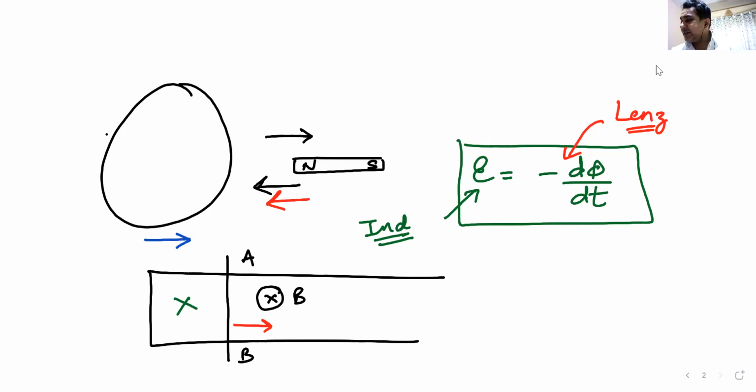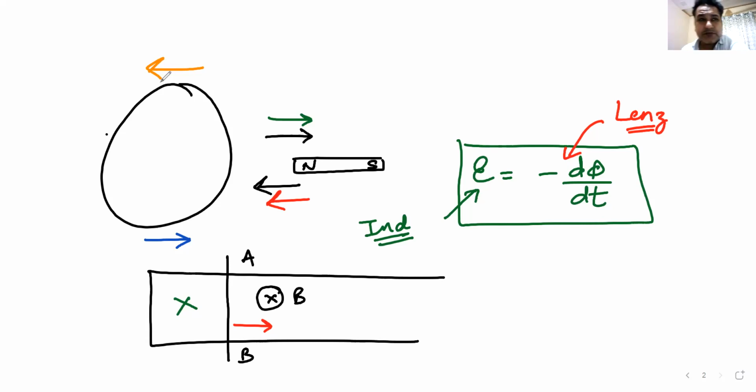Similarly, when this magnet is going away, the green one, the flux is changing. The direction of induced EMF will be such that it tries to oppose this. By opposing this, what I mean is, it will try to bring the magnet back towards itself. That is what is meant by Lenz's law.